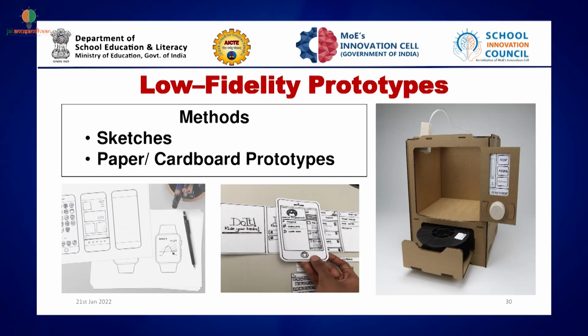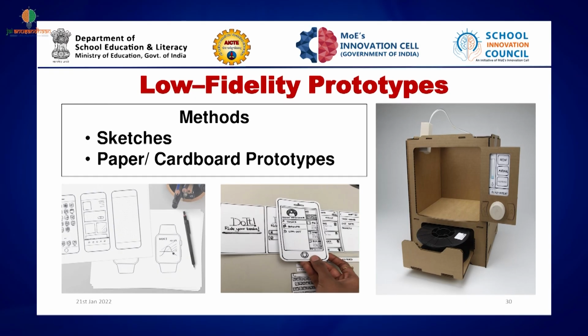So for example, paper, cardboard models, or just sketches can also fall in the category of low fidelity prototypes. As you can see in the images, if you want to create an application for a smartphone, you can create different screens on paper, and the outline of the phone is movable just to indicate what the different screens are, what is the sequence, what is the workflow.